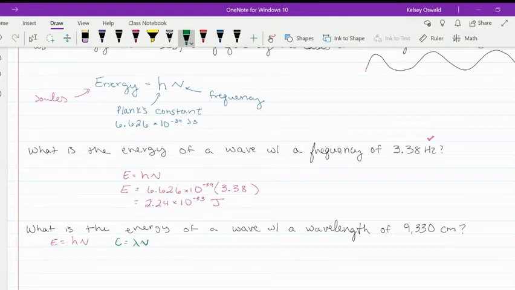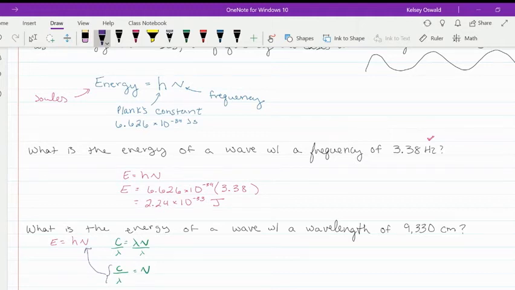We can see that we can use this equation to solve for what our frequency would be of this wave. Because if I divide each side by my wavelength, I'm left with c, or the speed of light, divided by my wavelength is equal to my frequency.